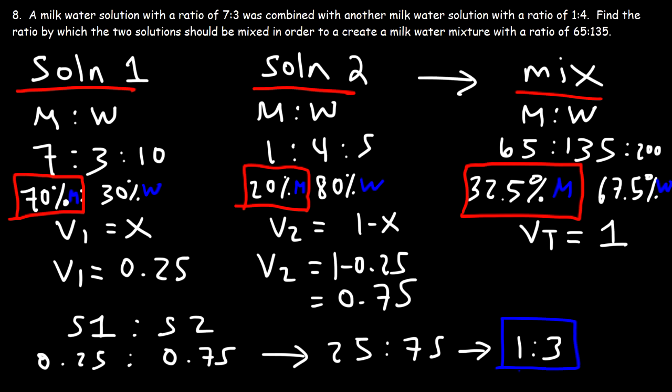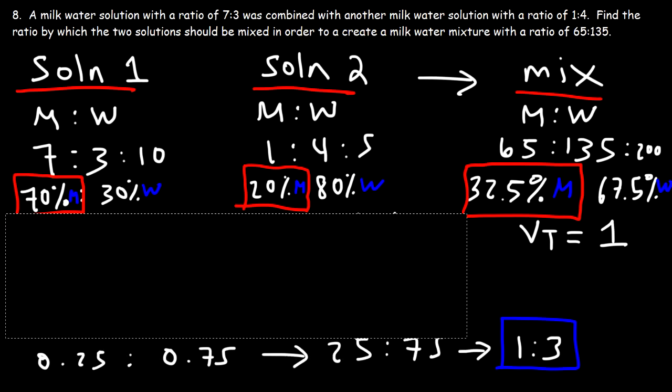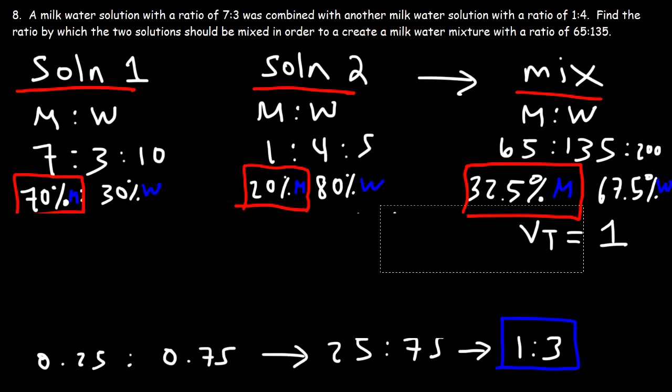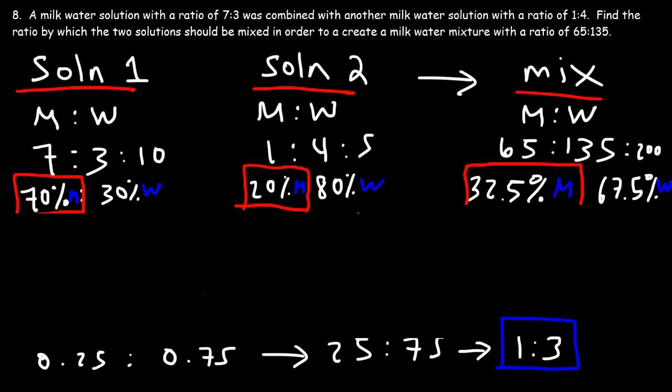Now, if we wish to confirm the answer, here's what we can do. We can do a weighted average. Let's do it with the milk. So this is 1 to 3 to 4, part whole. So the amount of the first solution is 1/4. We're taking 1 part of solution 1 out of a total of 4 parts. 1 plus 3 is 4.